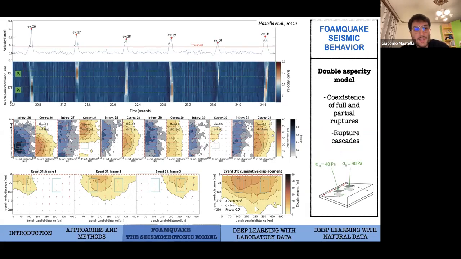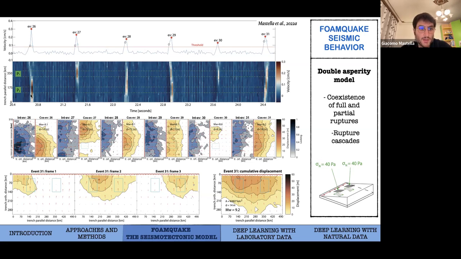When you run experiments with a configuration characterized by the presence of two asperities, the space-time rupture behaviors generated by the model become more complicated. So here you can see the model evolution over 5 seconds from an experiment with two asperities with the same load above them.